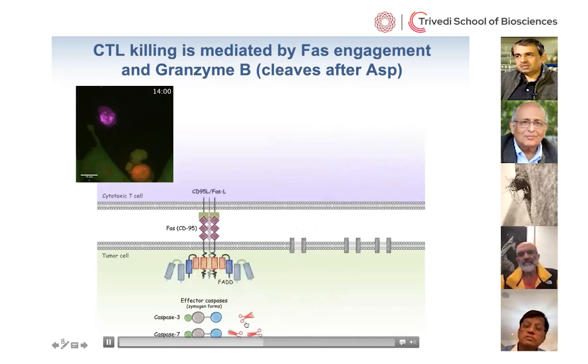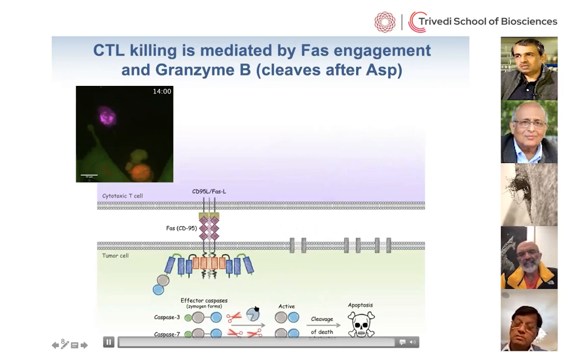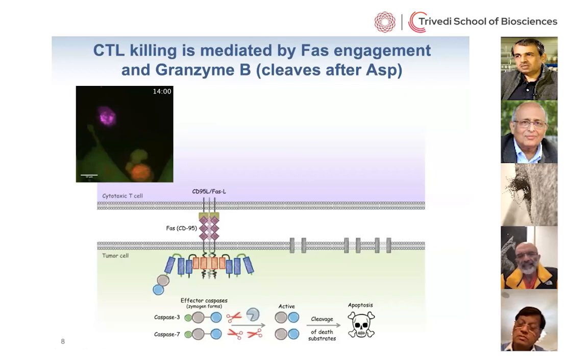These are the Granzyme B. Then you see the ligand expressed, the complex around the receptor happen. Caspase 8, this Pac-Man-like structure, also activates zymogen caspases. And so this 1-2 punch all of a sudden gives the cancer cell an overwhelming amount of protease activity, leading to its death.